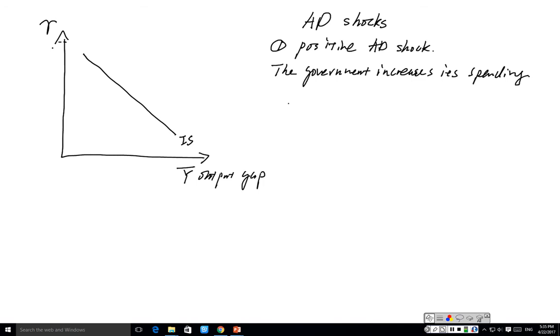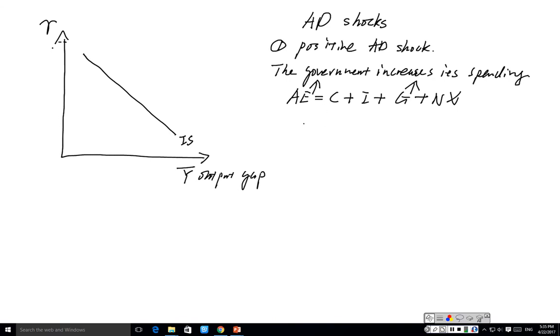So what happened to the aggregate demand? Use the AE function. We can know clearly the third component, the G, government spending, goes up. Keeping other things the same, the aggregate expenditure goes up.